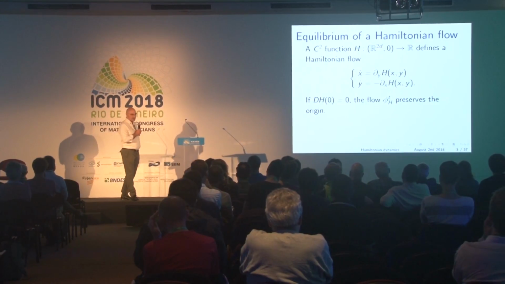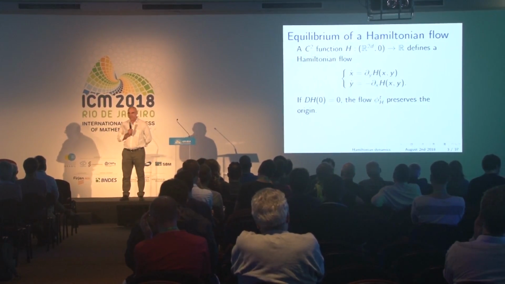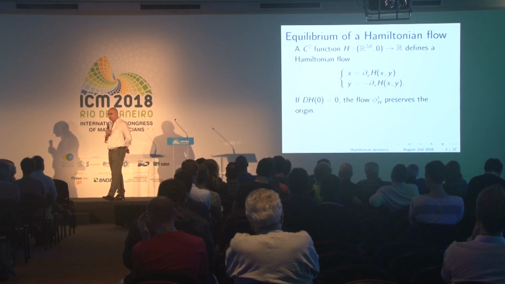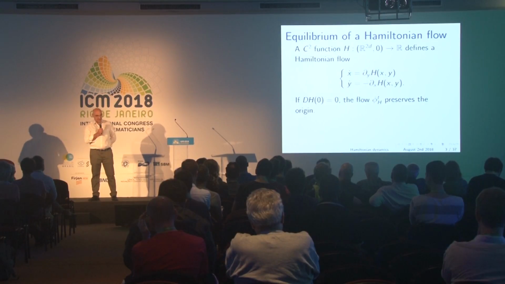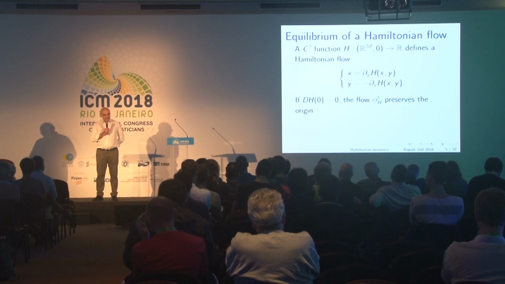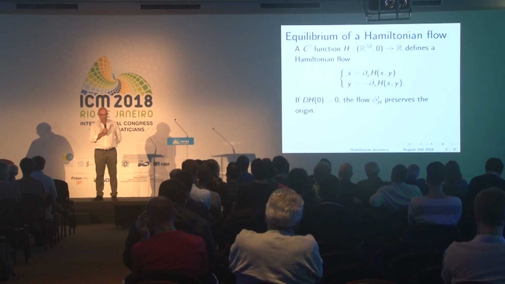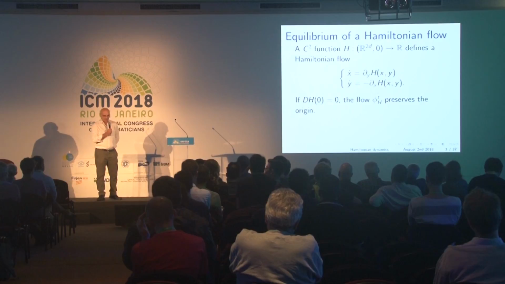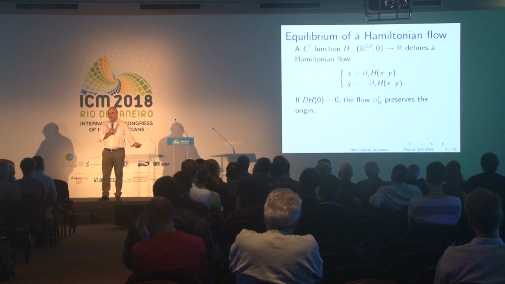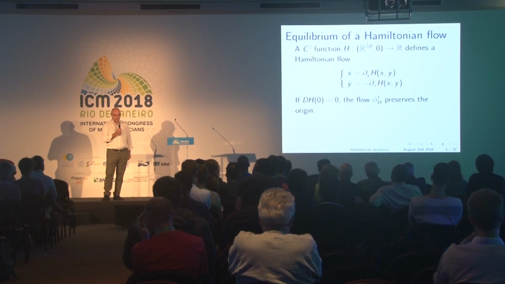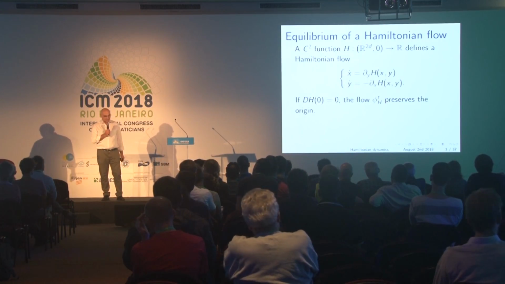Then this function H defines a Hamiltonian flow: x dot is equal to ∂_y H, and y dot is equal to minus ∂_x H. In that setting, 0 is a fixed point. We denote the flow of this vector field by φ_t^H, and this flow preserves the origin. It's symplectic: for each t, φ_t^H is a symplectic diffeomorphism.